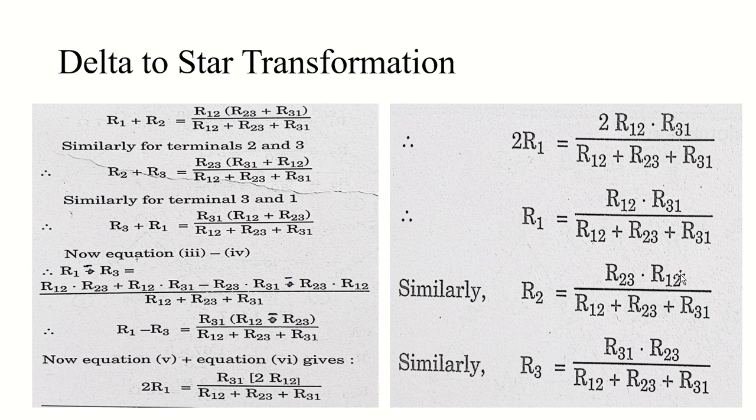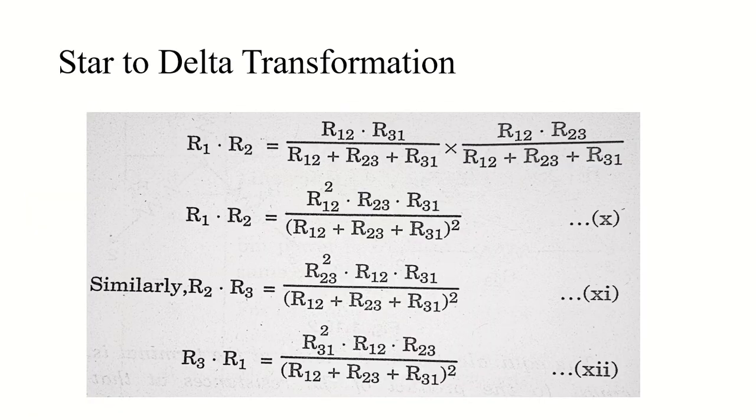So we will get these. Now this will be my numerator. Now in denominator, what will I get? Denominator is the same, right? R12 plus R23 plus R31. So whatever the result, it will look something like this.